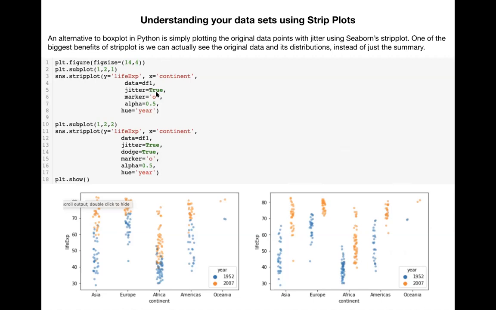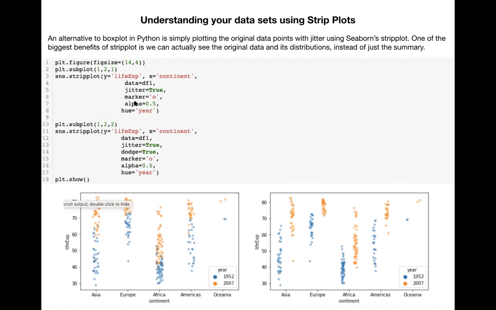So jitter equals true means I add some random variations in the x direction. Otherwise, all the points will line up in the same direction. And set marker, set alpha, and that's the axis label, which is the year.